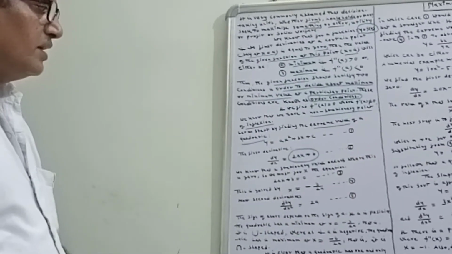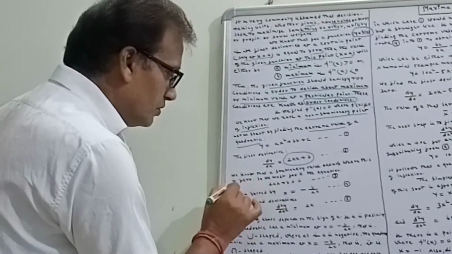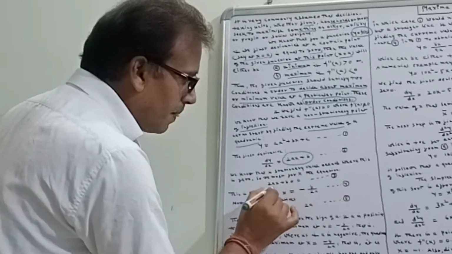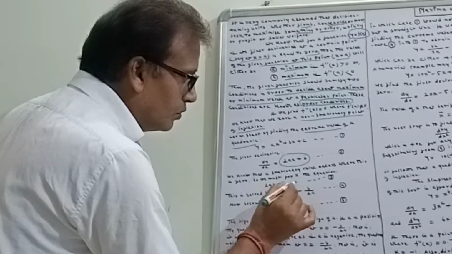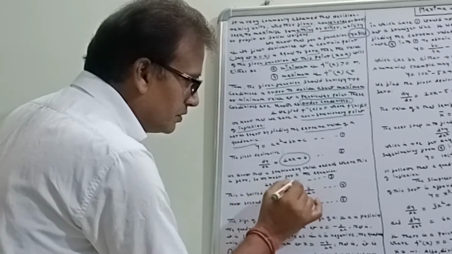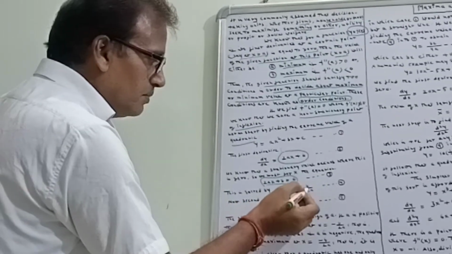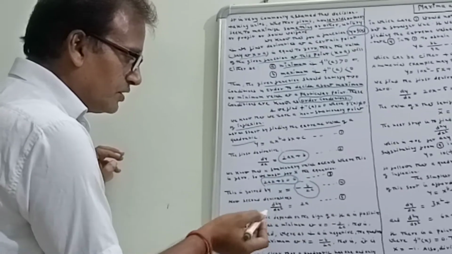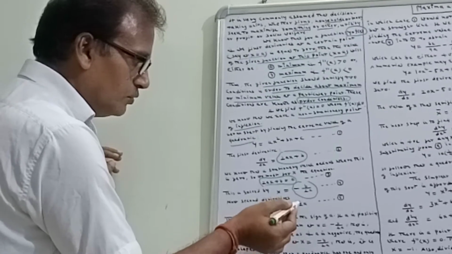We know that a stationary value occurs when this is 0, so we must solve for x the equation 2ax plus b equal to 0. This is solved by x equal to minus b by 2a. Now second derivative, d square y by dx square equal to 2a.